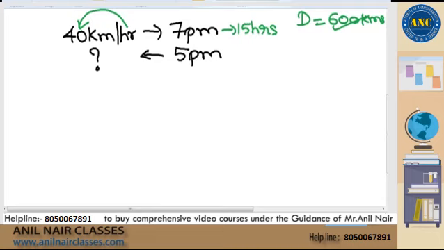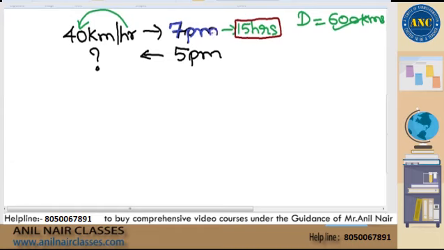Now, Gopi, you are traveling in a bus or a train. You took 15 hours to travel from your home to some destination. After you traveled for 15 hours, you saw the time in your watch. The time is showing as 7 p.m. Right?